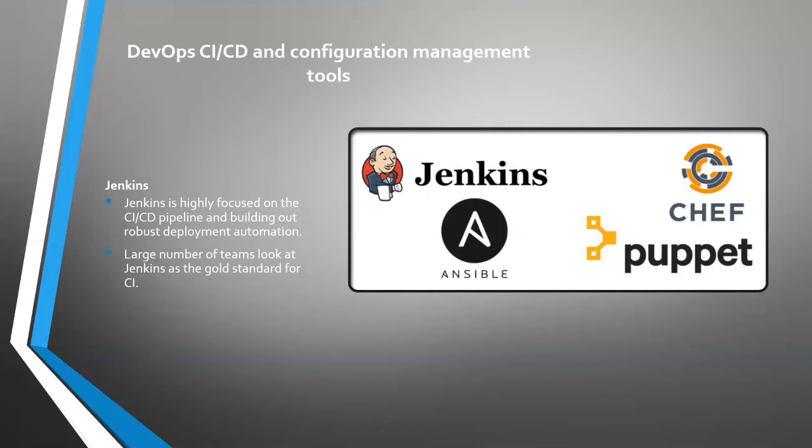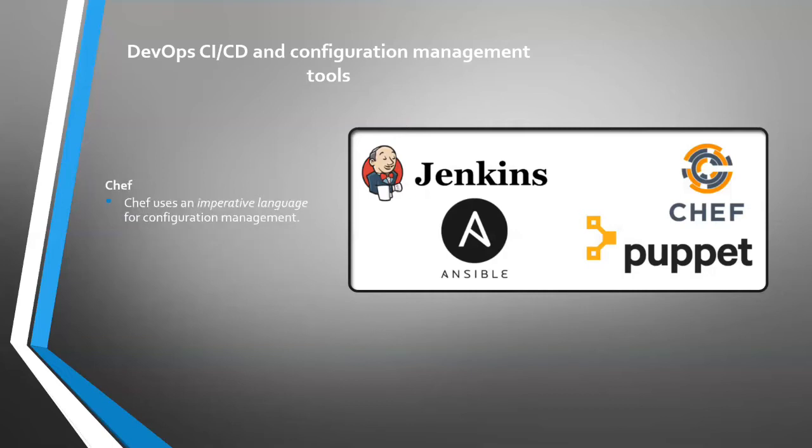But a large number of teams look at Jenkins as the gold standard for CI. Depending on your toolchain, architecture, and team structure, you could find yourself needing to use both tools for different reasons.